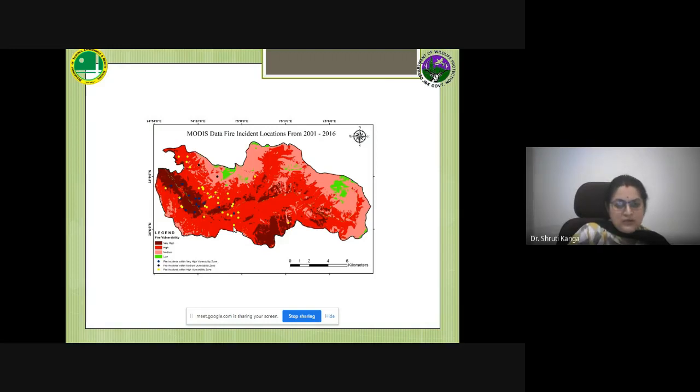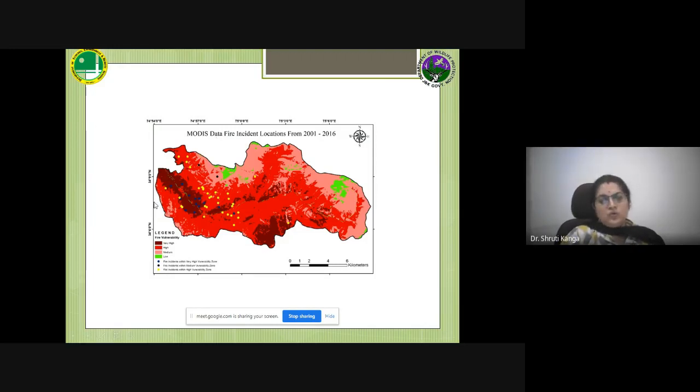If you see these blue dots, they are under very high risk prone areas. These black dots are fire incidents in high risk prone areas, and the yellow ones are in the high risk prone areas.